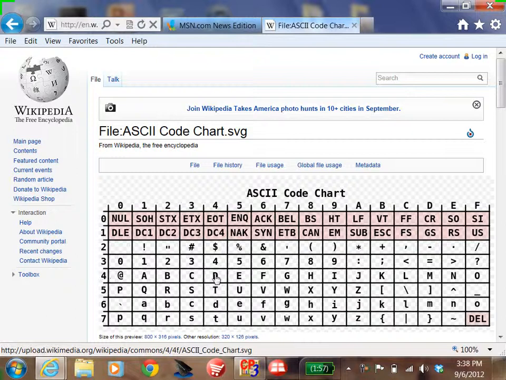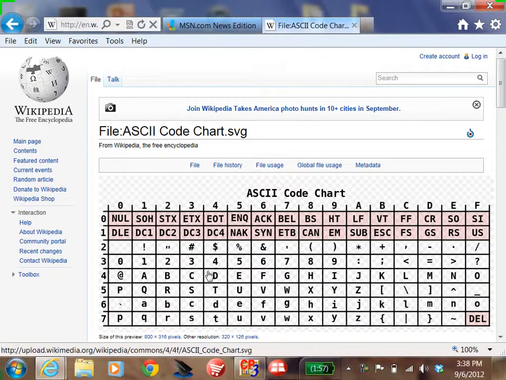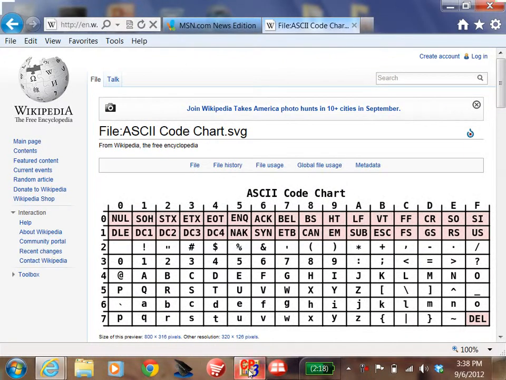Capital D here. Two hexadecimal characters, okay? The first hexadecimal character is along this line here. The second hexadecimal character comes down this way. If I punch the capital D on my keyboard, it transfers as a single byte into the computer. Hexadecimal 44.